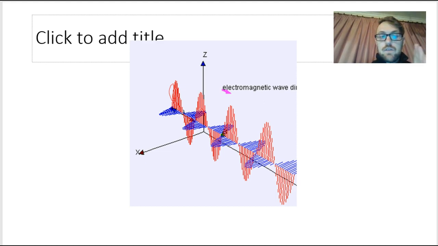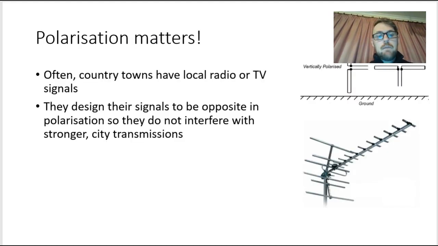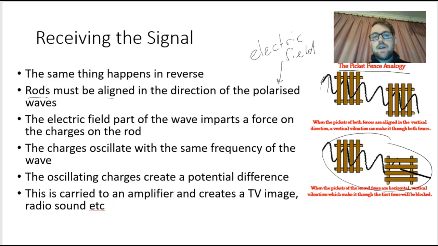Whichever way the electric field's going, we say that's polarized that way, and we have to have the receiver going the same way. Basically the same thing happens: these waves come into the antenna and cause the particles to oscillate up and down, and we can translate that back into information. That's how we get our Wi-Fi, our TV, all of those things that are transmitted and received.